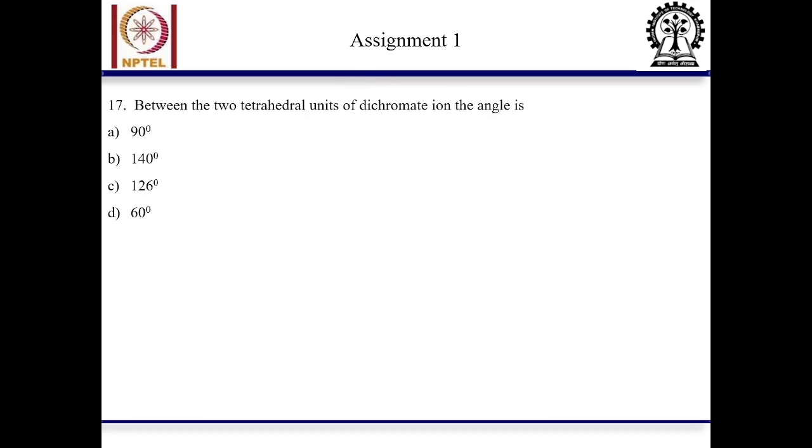So between two tetrahedral units of the dichromate ion, the angle is, I think this is a memory-based question. If anyone knows, they can answer, otherwise I will just tell you the answer.